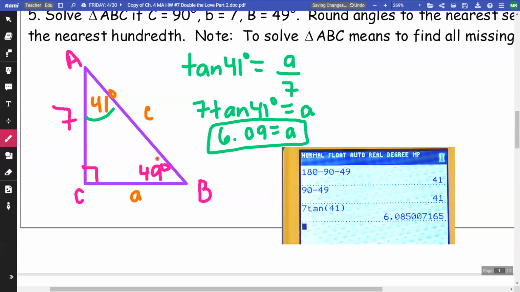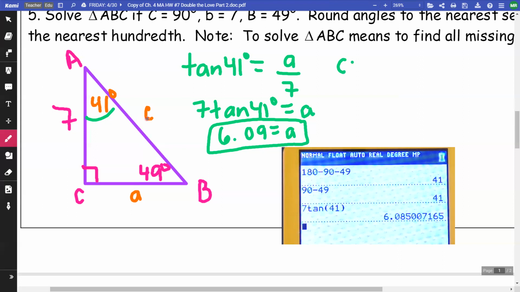And I'm going to use trig again to find C. So to find C, I don't like to use the one I just found, because what if I got that wrong? What if I type something in wrong? So I'm going to use the 7. And so I'll just do the 41 again, and I'll do adjacent over hypotenuse.